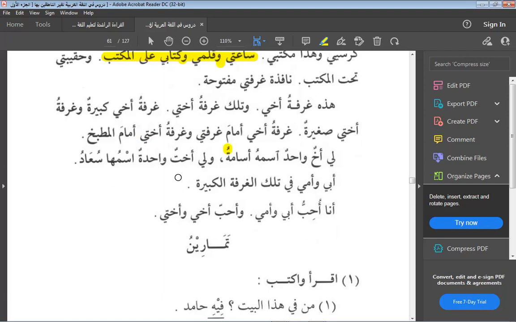Wali ukhtun, and I have one sister, ukhtun wahidatun, ismuha Su'adu. Her name is Su'ad. And the name Su'ad, as I've said, I think its first appearance was in the poem of Ka'b ibn Zuhayr ibn Abi Sulma. There was this man who is reported to have composed a poem against the Prophet, or insulted the Prophet.